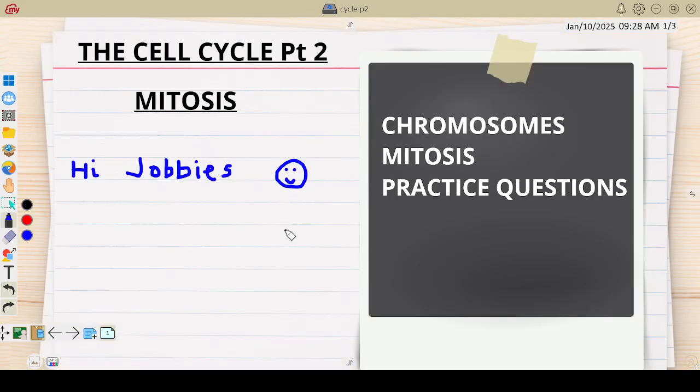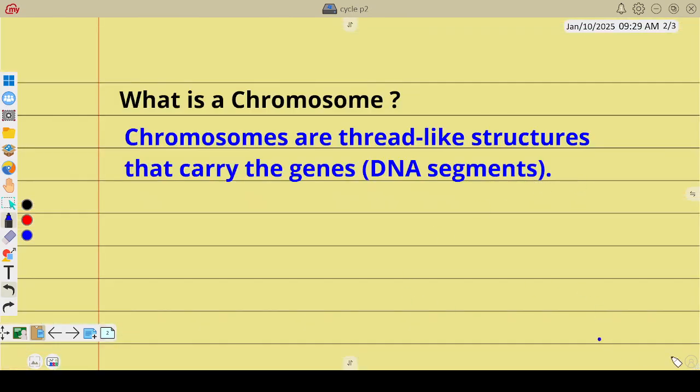In discussing mitosis, we can't jumpstart without first having a quick discussion on chromosomes. So that's the introductory part of this lesson.